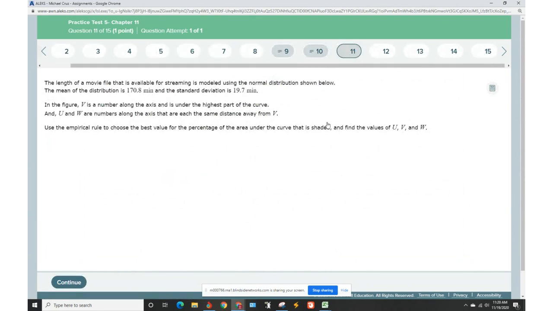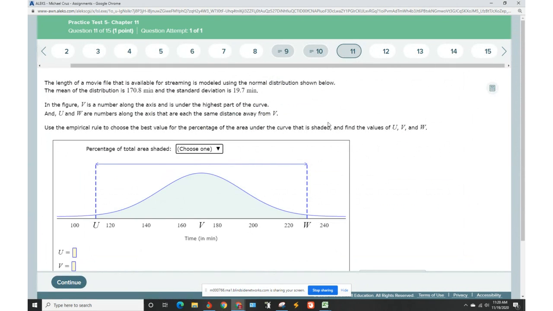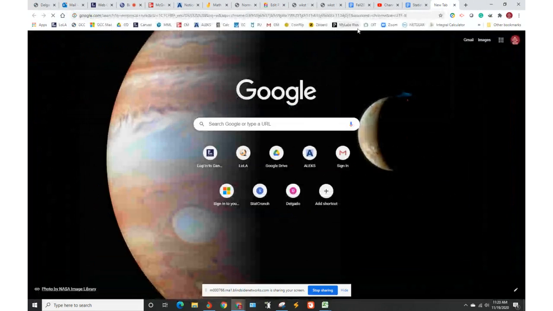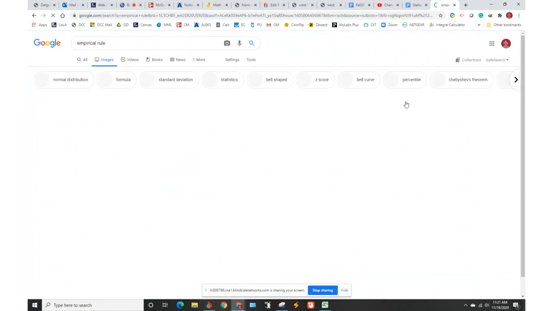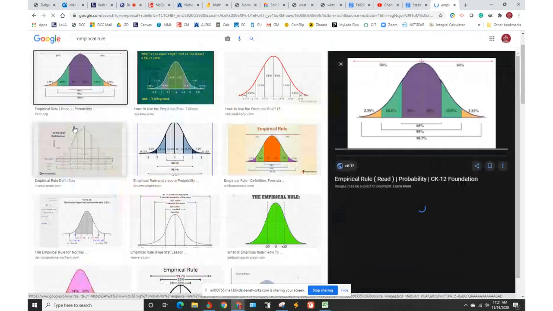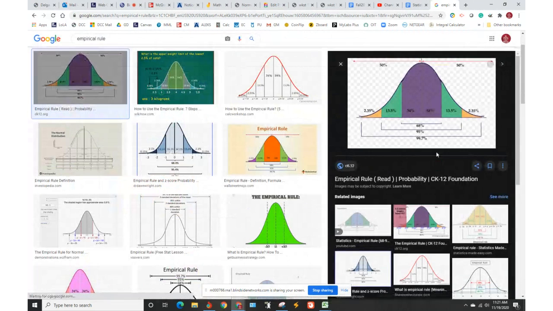All right, so now we're still dealing with percents, but from another aspect. What we're dealing with here is the empirical rule. Remember this empirical rule? This is not the one our book uses, but I like this one because it's nice and colorful.